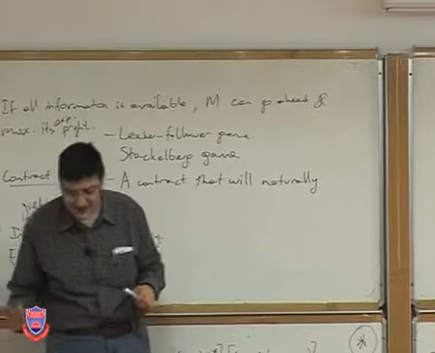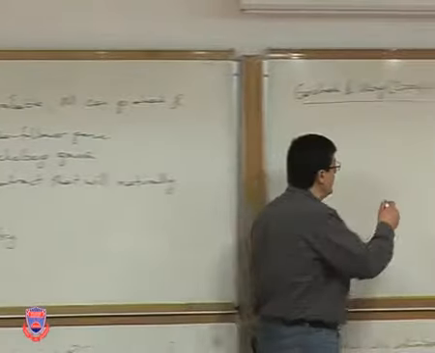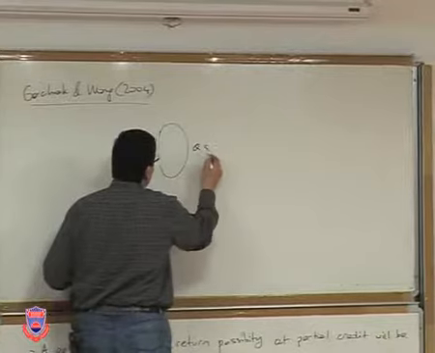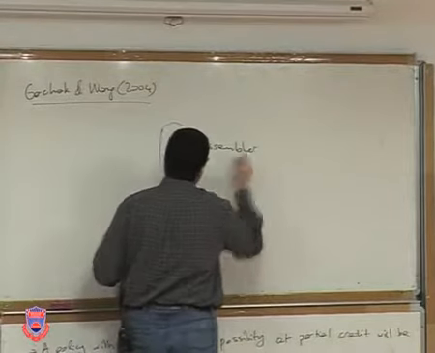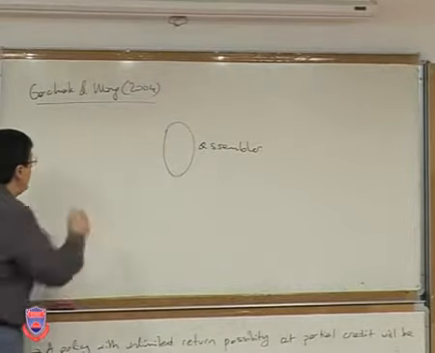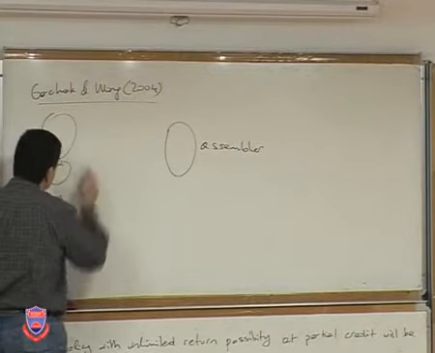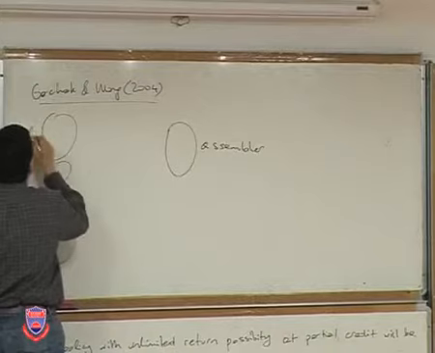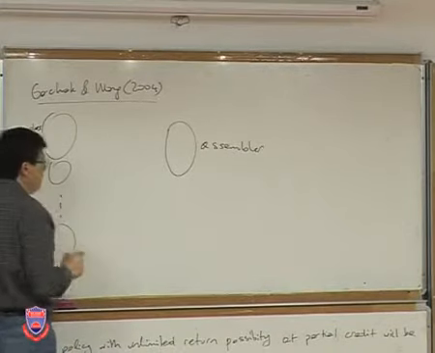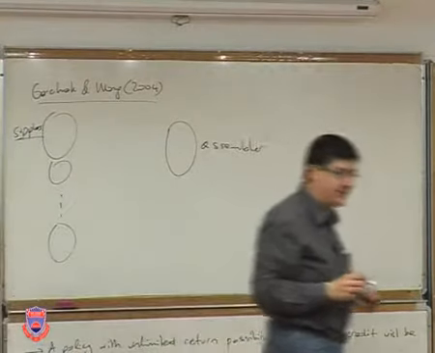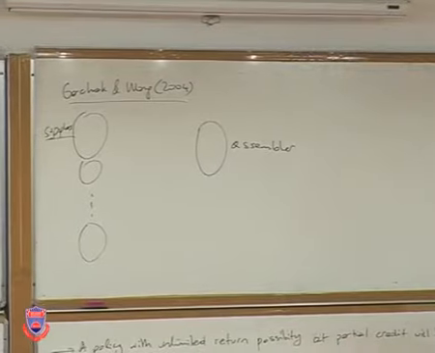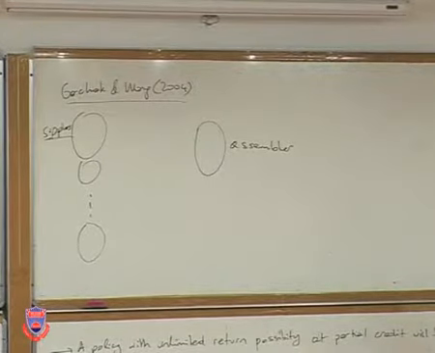Now, the environment is very simple. This is the environment. We have an assembler, okay? And then we have a number of suppliers to the assembler. Now, for the assembler to complete the assembly, all the suppliers should supply some parts.